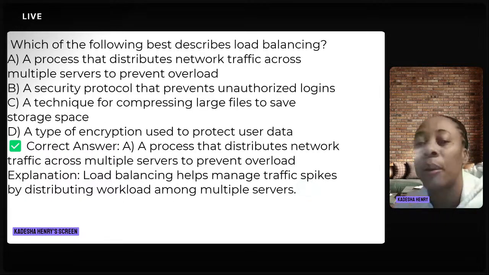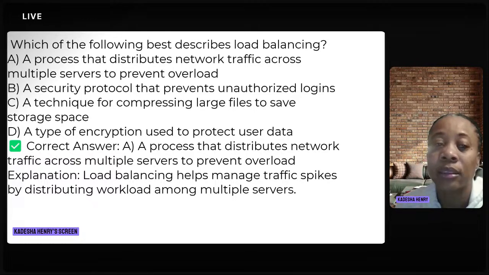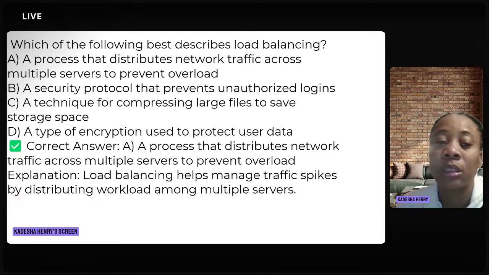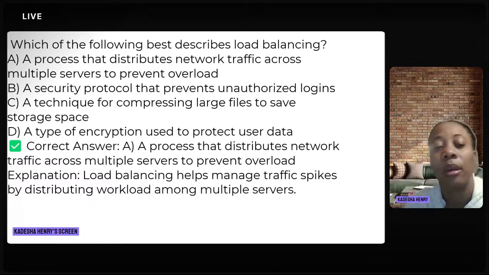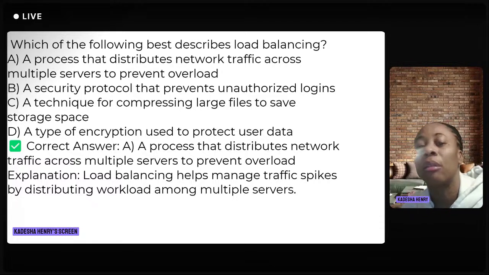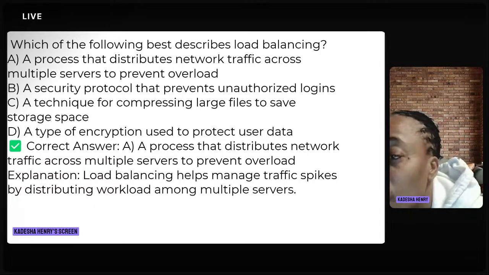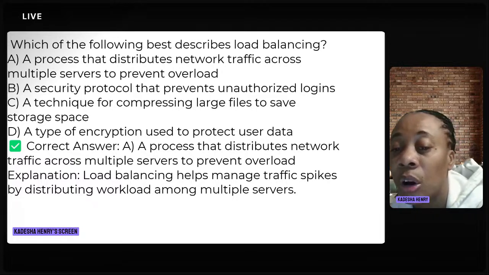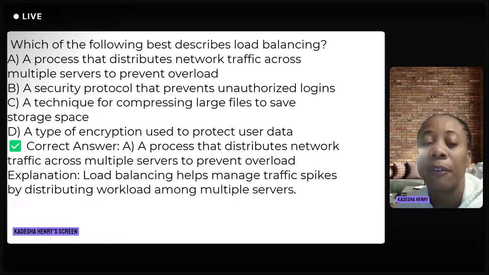Which of the following best describes load balancing? A, a process that distributes network traffic across multiple servers to prevent overload. B, a security protocol that prevents unauthorized logins. C, a technique for compressing a large file to save storage space. D, a type of encryption used to protect user data.